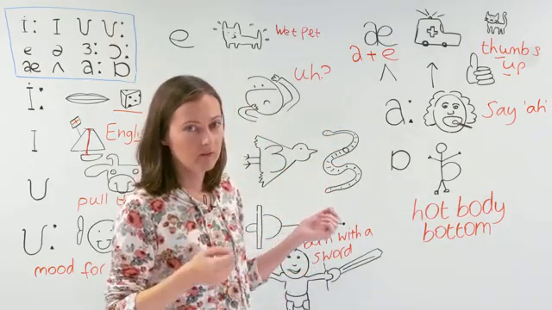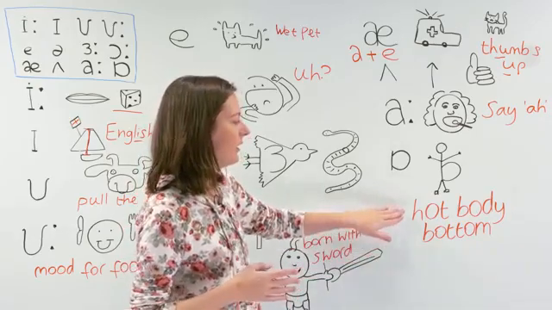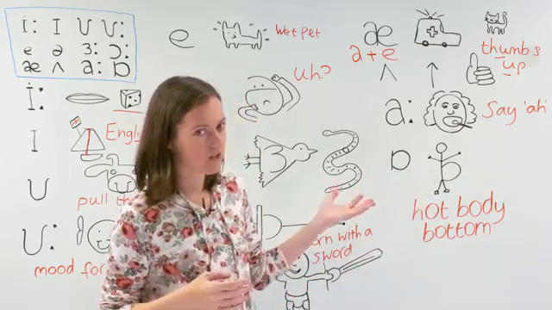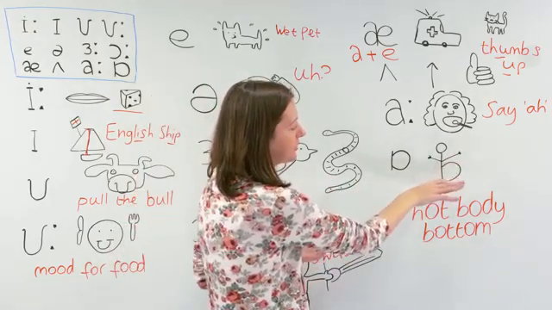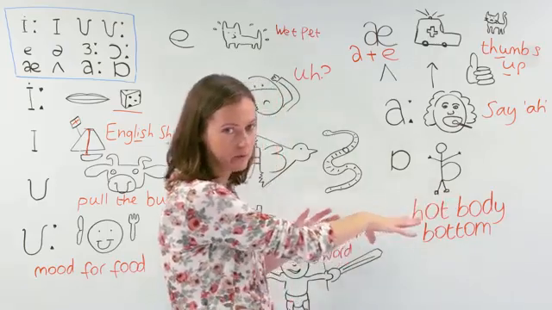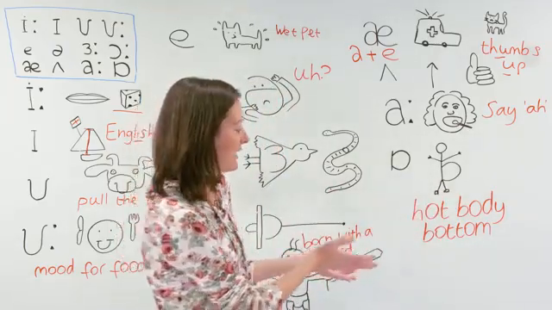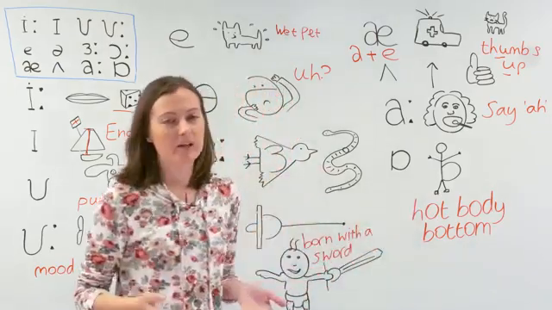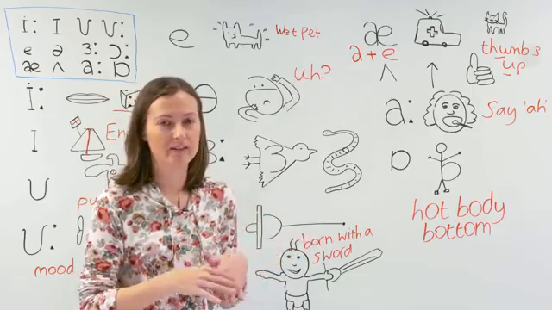And how I can remember this sound is in the phrase hot body bottom. It's like the Kim Kardashian of the phonemes, and this is its bottom and high heel shoes, and it's the sexy phoneme, and we call it the hot body bottom. Next, we're going to learn how to remember the consonants and the diphthongs.